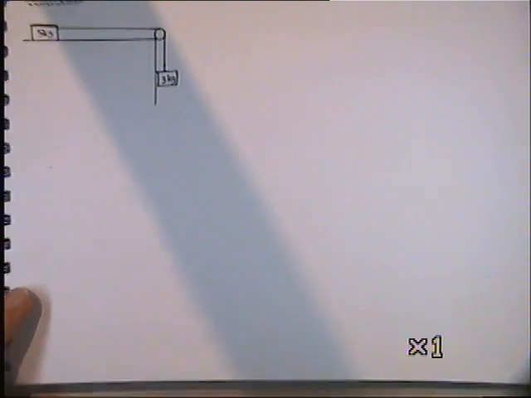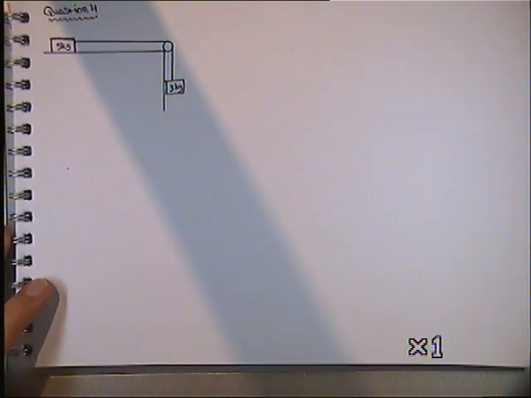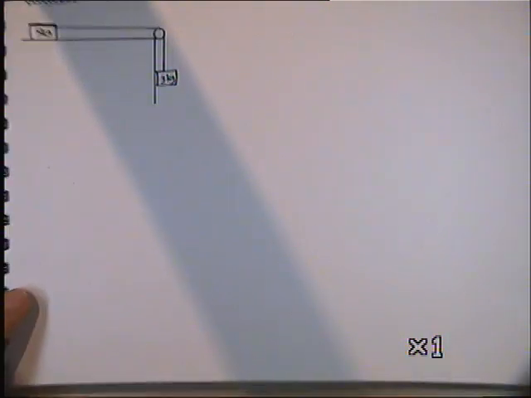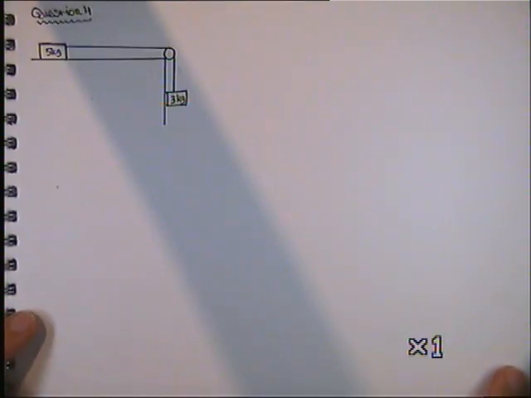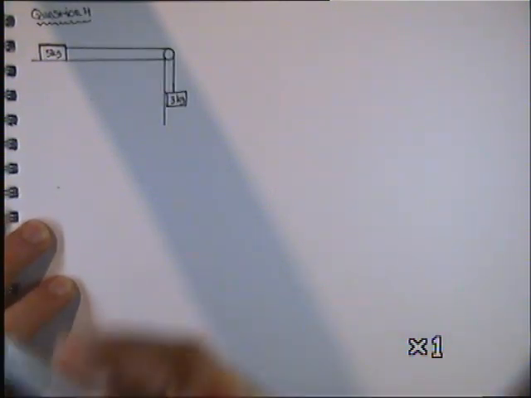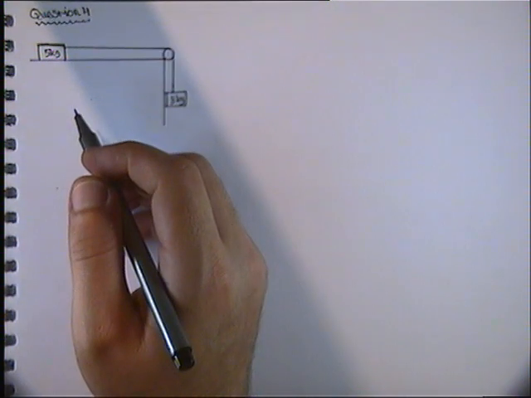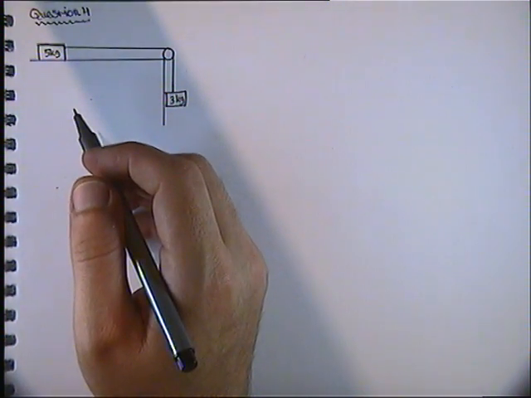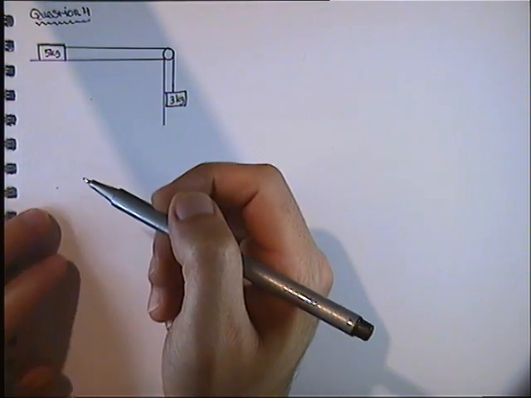Okay, so first of all, I've done the diagram for the question. Here is the diagram and all the information about the particles.